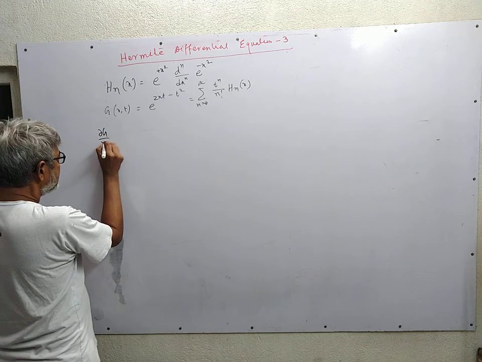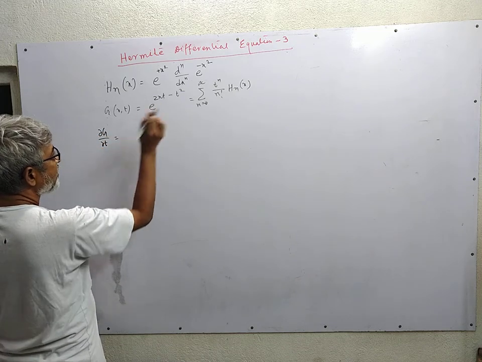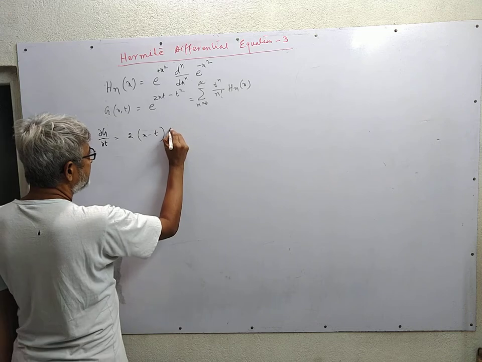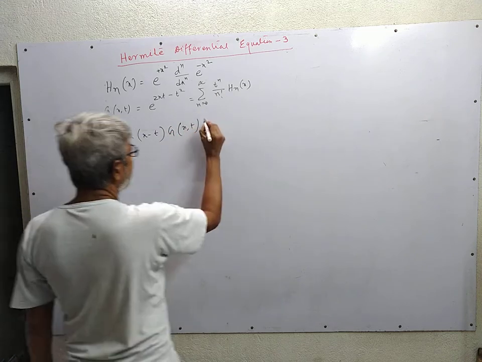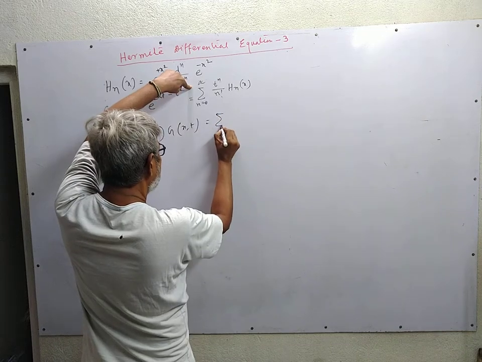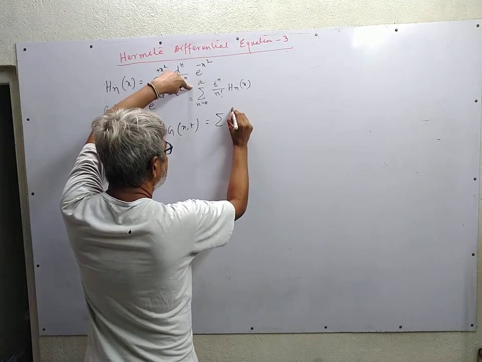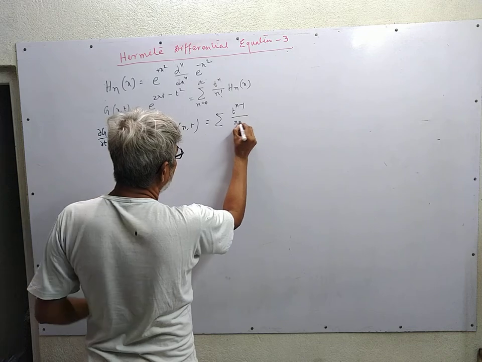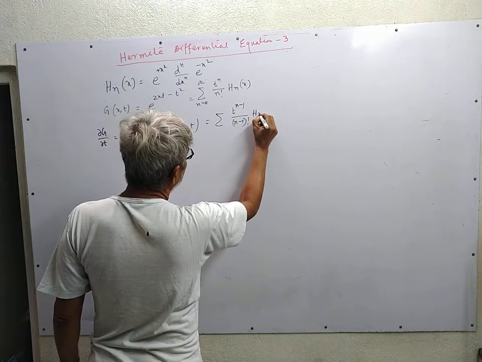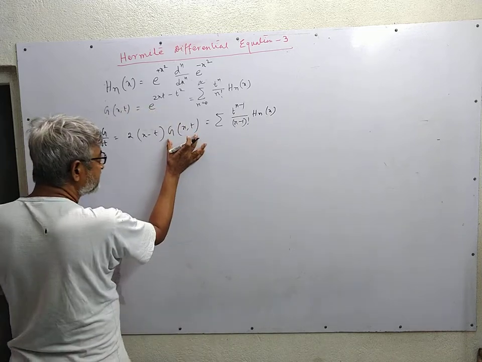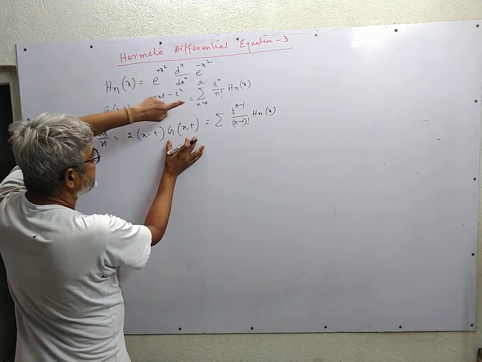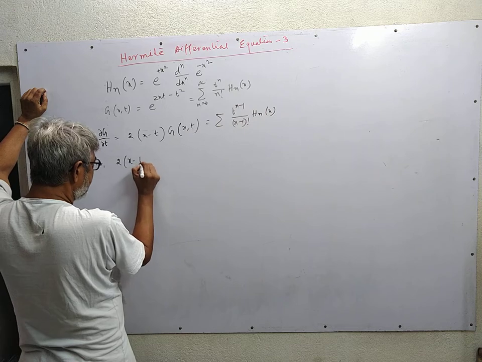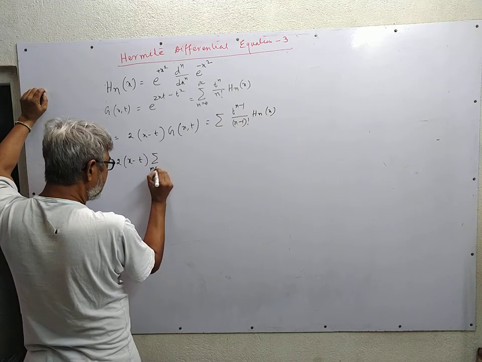So del g del t is equal to (2x minus t) g of x,t, and when we differentiate this with respect to t, we get t to the power n minus 1 over n minus 1 factorial Hn of x, and for this we again use such an expansion, twice x minus t summation over m.